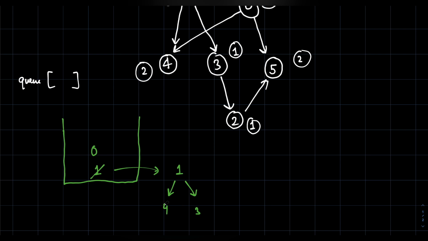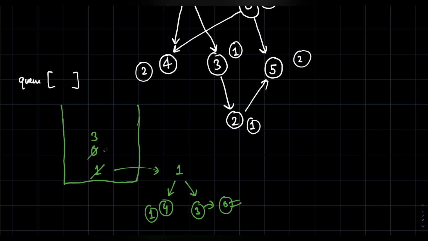So I reduce their in degree by 1. Currently for 4 it's 2, so I'll reduce it to 1. And for 3 it's 1, now I'll reduce it to 0. Now I have to check for which one the in degree is 0. So this one, I'll push 3 inside the queue.